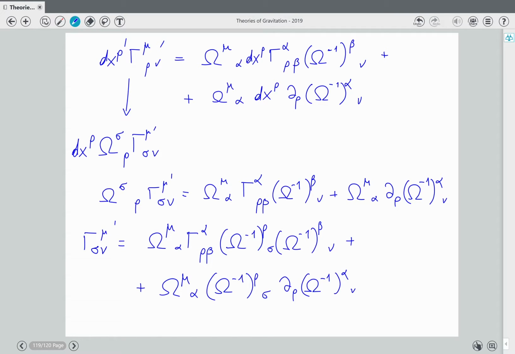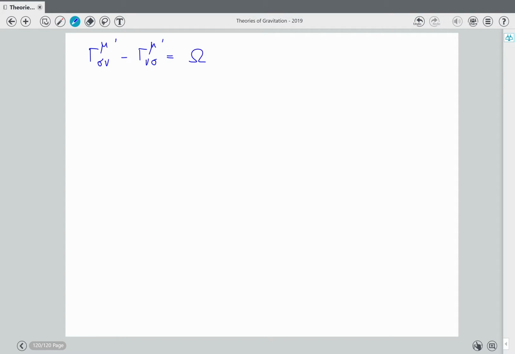So you just have to take this as anti-symmetrizing sigma nu. When you exchange sigma nu in this first piece, it's like exchanging rho and beta, and so you just have inside the difference between gamma alpha rho beta and gamma alpha beta rho, which is the torsion itself. So this piece goes into the tensor that you want.